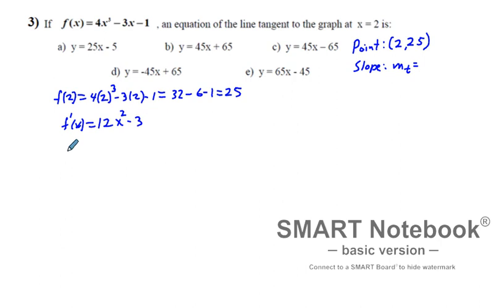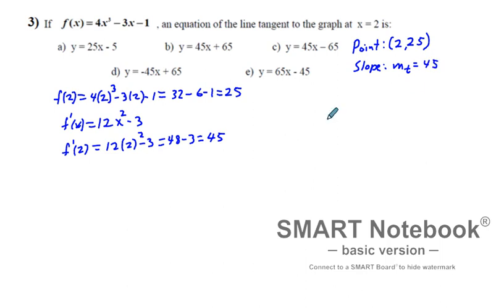And if we plug in 2, f prime of 2 is equal to 12 times 2 squared minus 3. And 12 times 2 squared, so that's 48 minus 3, so it equals 45. So m sub t equals 45.